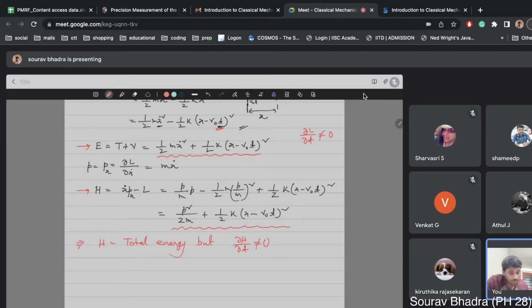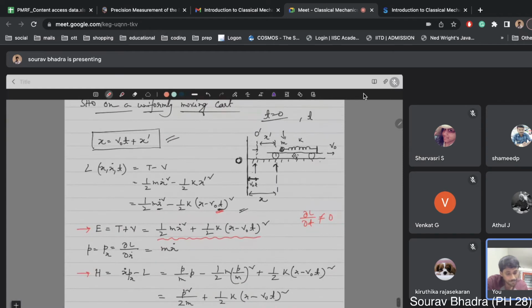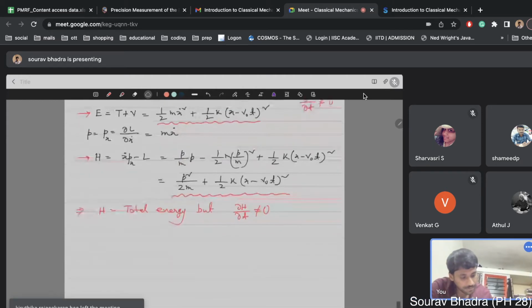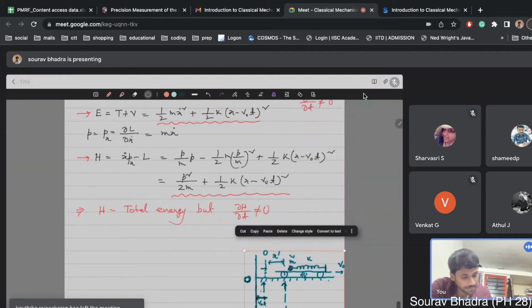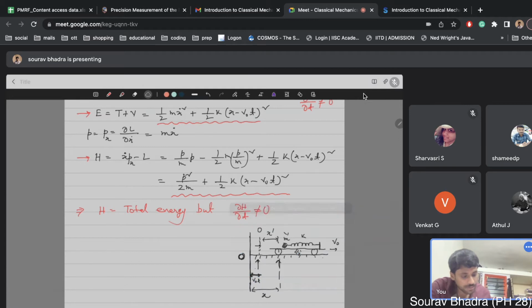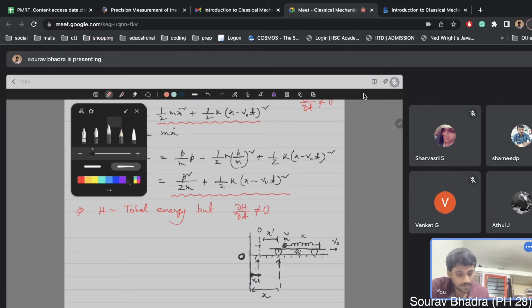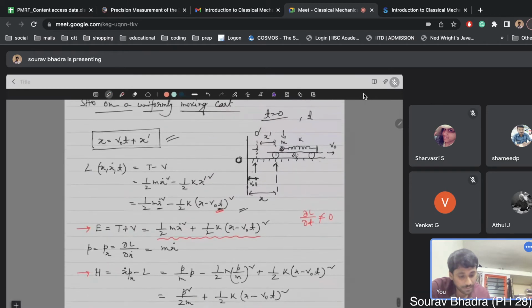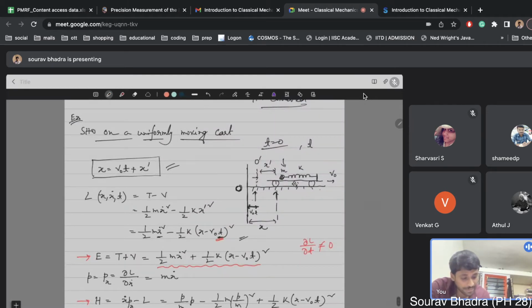Now we will deal with the same problem, I mean the same thing, but in another coordinate system. In the first case, we have written everything in terms of x, and there was no x dash dependency in our Lagrangian.